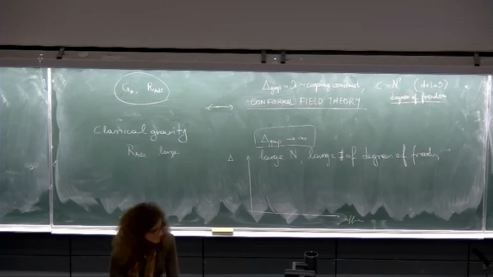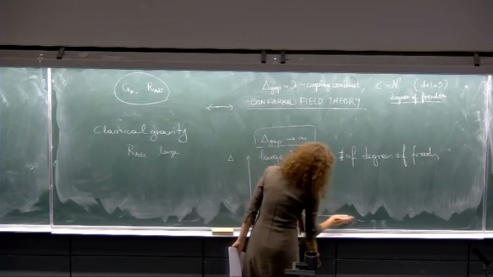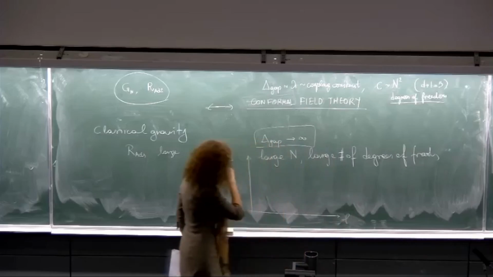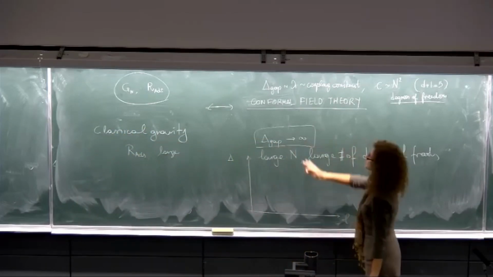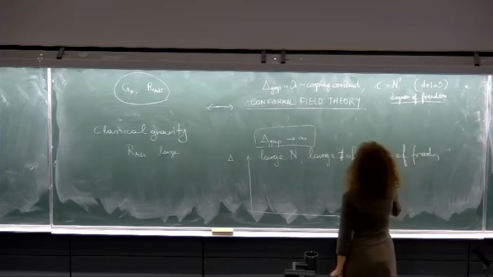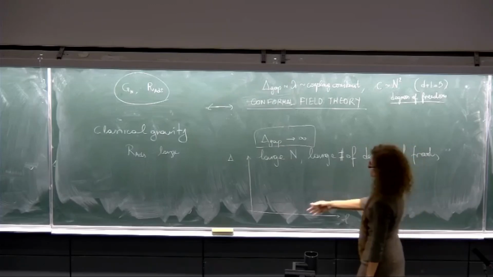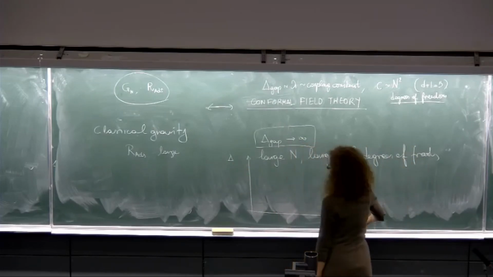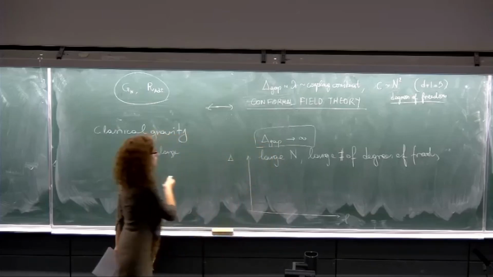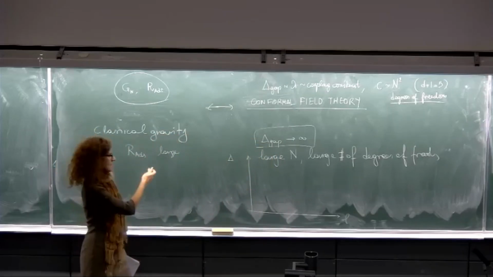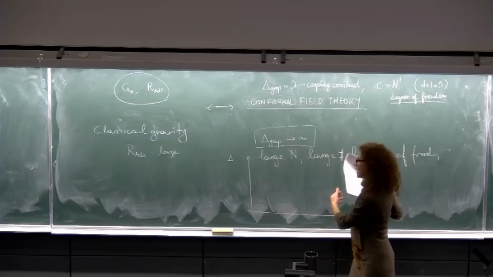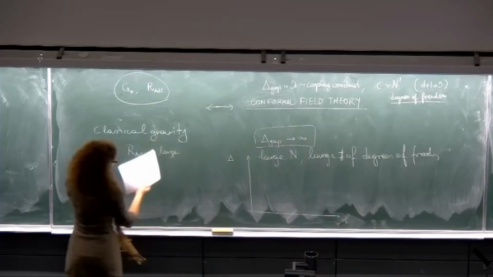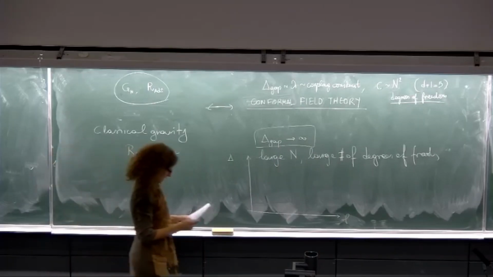They are characterized by their spin, L, and by conformal dimension. Okay, this fixes the specific theory that I'm looking at. So a given conformal theory has, let's say, some operators of spin L and conformal dimension delta, and this is the analog of these particles. Here we have mass and spin. So the question is, what kind of content does this theory have when it's described by classical gravity, and that's what I'm going to tell you now.